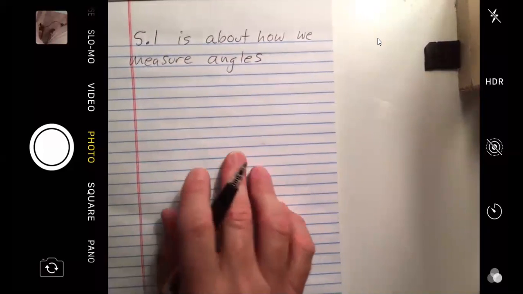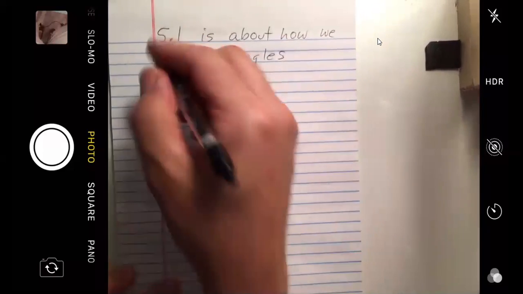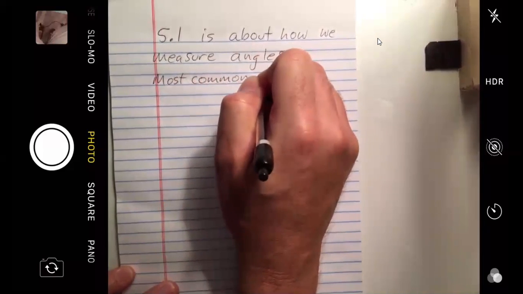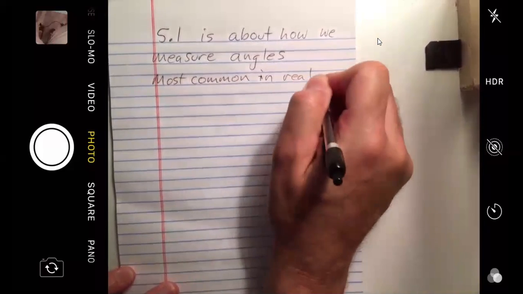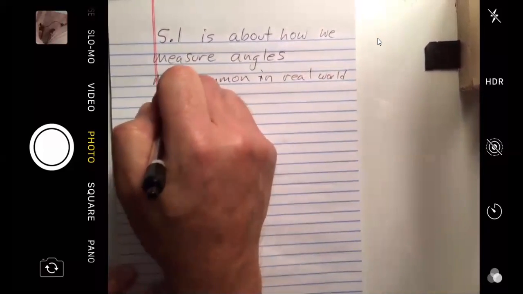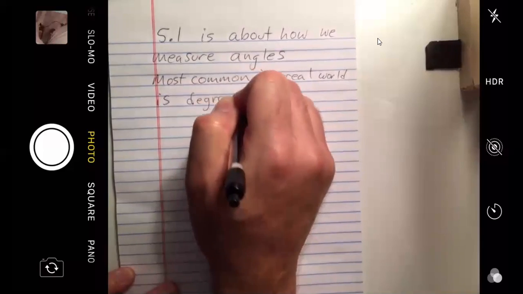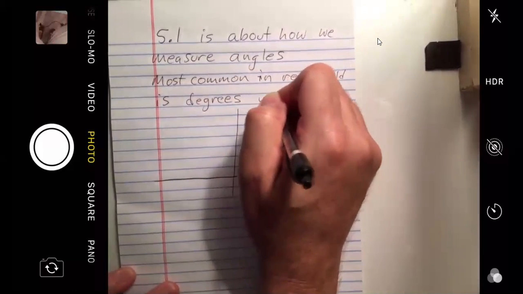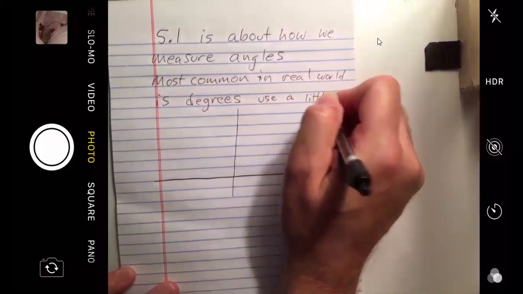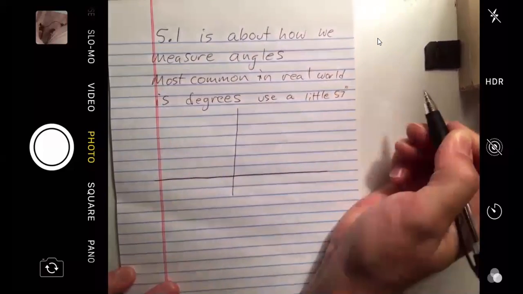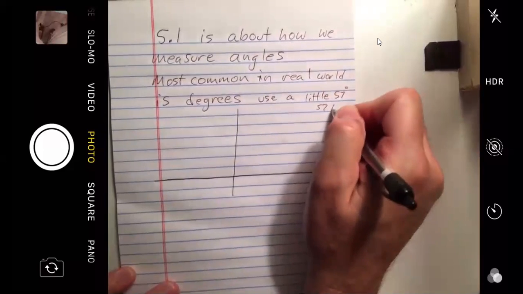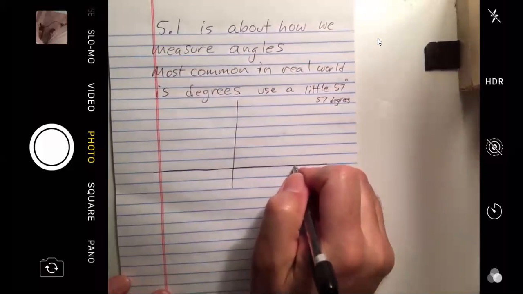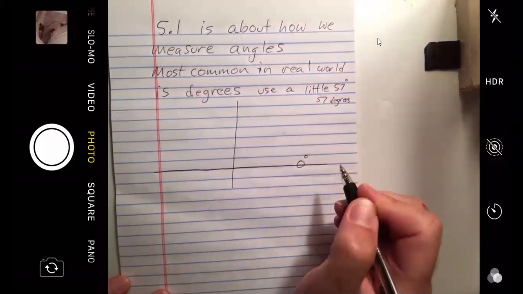And you may have seen this before. The most common in the real world is degrees. They use a little circle, like this. This would be 57 degrees. Okay. The x-axis is 0 degrees.